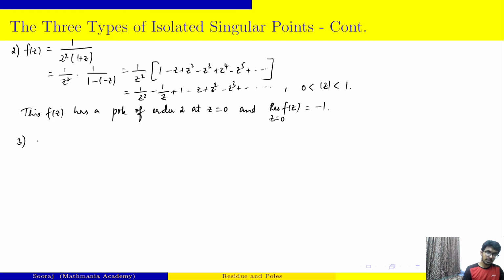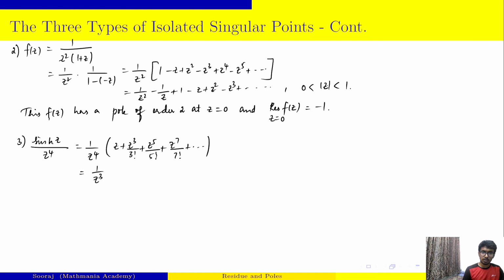The next example is sinh z upon z to the power 4. This may be written as 1 upon z to the power 4 times (z plus z cube upon 3 factorial plus z to the power 5 upon 5 factorial plus z to the power 7 upon 7 factorial plus etc.).